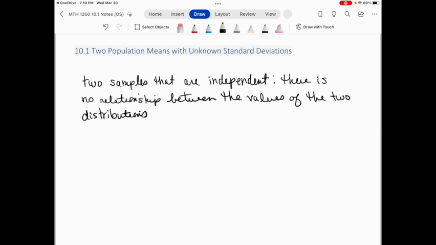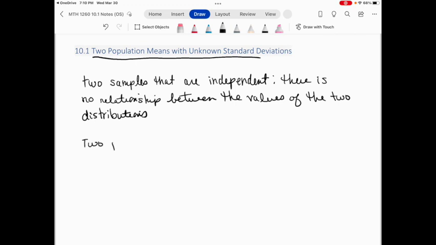So if we are testing the difference between two population means or two population proportions and they're independent, that's what we're going to cover in the next few sections.